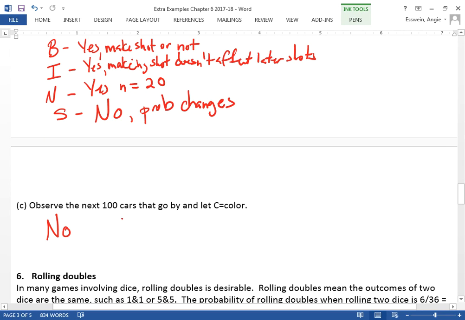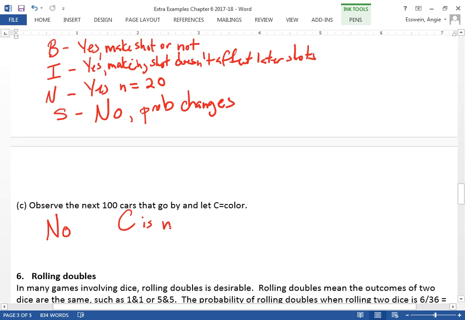What else? Is C even a random variable at all? What is the definition of a random variable? The outcome must be a number. Can it be a color? Yeah, it has to be a number.